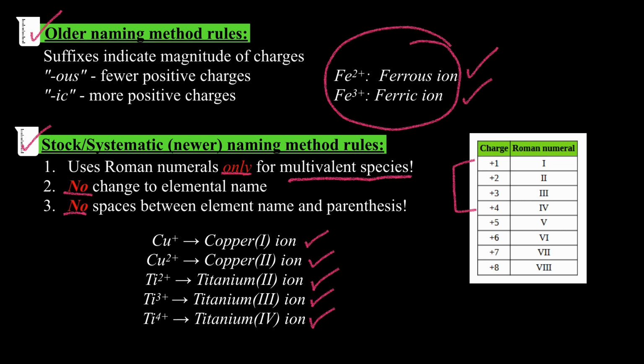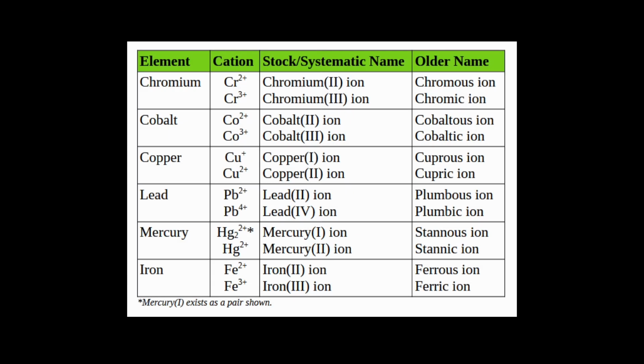For the ones watching football, this is where it comes into play, right? It helps you out there. So here are some of the elements, the cation, the Stock systematic naming, and the older naming all together for you. Chromium, Cr2+, chromium(II) ion, older name, chromous ion. Cr3+, chromium(III) ion, or chromic ion.